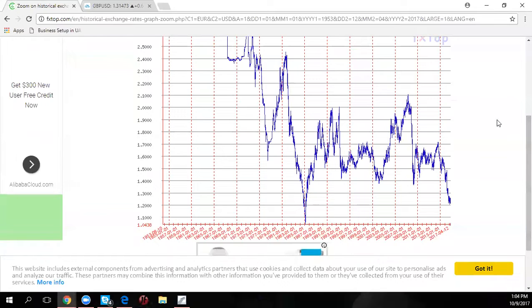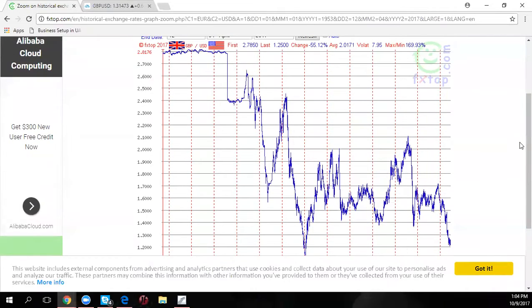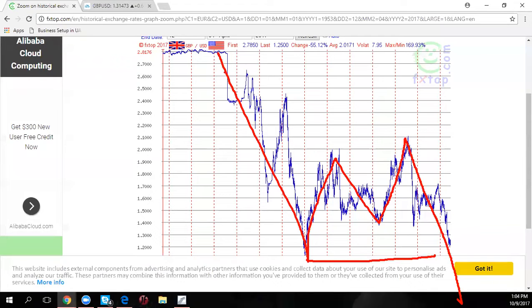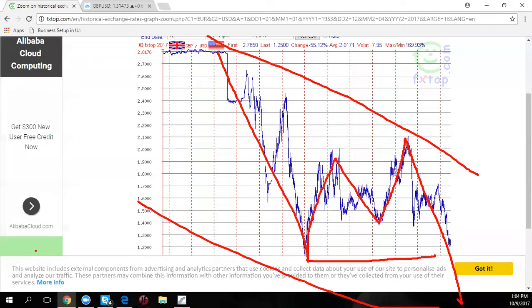This thing is making a single pattern, which means you're going to get an impulse. You're going to get a corrective structure, and you might get one more impulse if they break the low. And all in all, that will be a single pattern, a 3-wave structure.